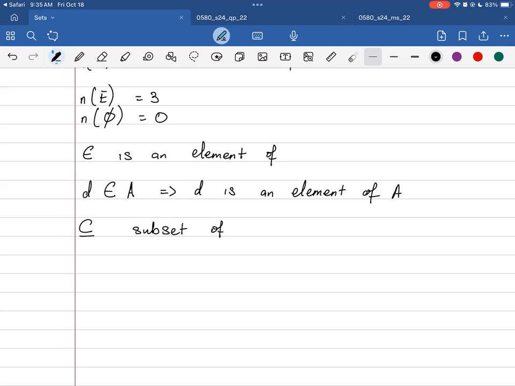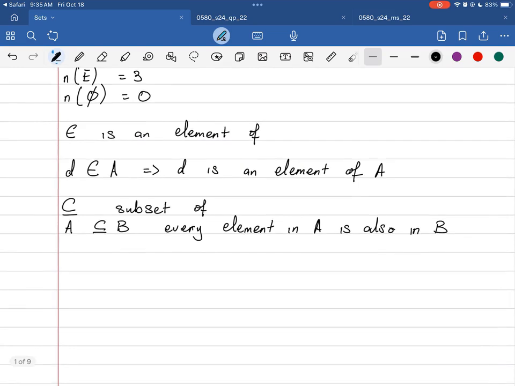If you had A subset B, it means that every element in A is also in B. If you want to visualize that, you can see it as two circles inside one another. Let's say this is your B, and your A is inside your B. Every element inside here is also inside here. So A is a subset of B.